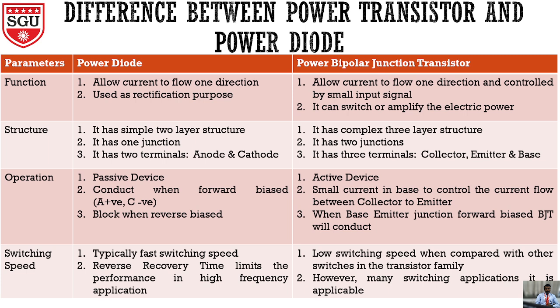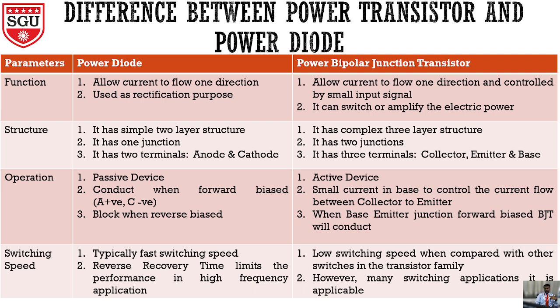Then switching speed. Usually we cannot compare the switching speed of the power diode and the power bipolar junction transistor. The reason is that in the diode we don't have any option of a third terminal to switch on and switch off.